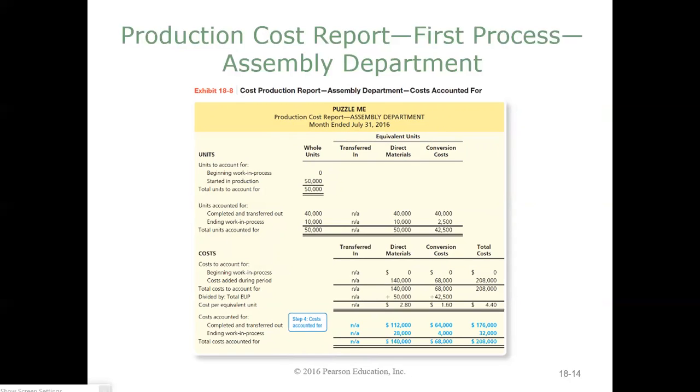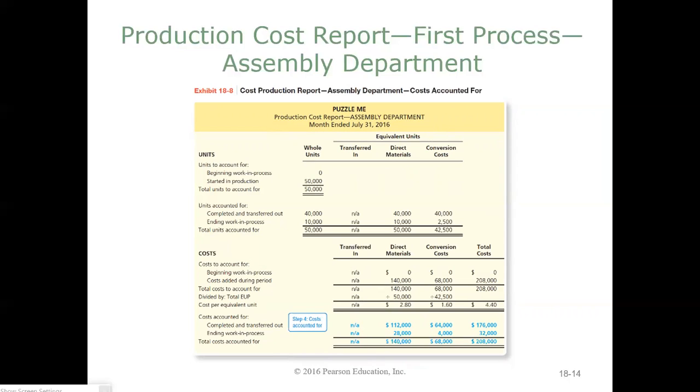I can take that 40,000 times $2.80 per unit, and that says $112,000 worth of direct materials costs have been completed and transferred out. 10,000 times the $2.80 gives me $28,000 worth of costs are still in process. I do the same process for my conversion costs, and then so now I'm fully accounting for my total costs.